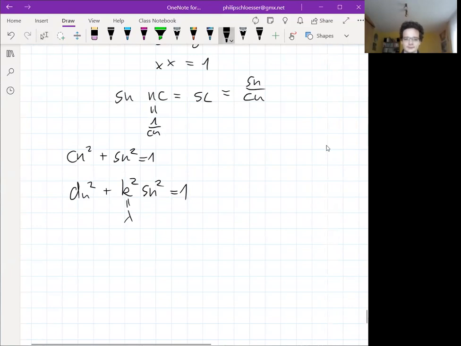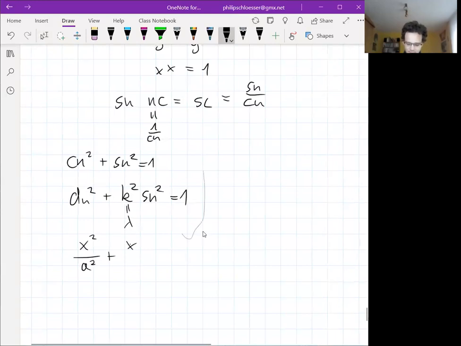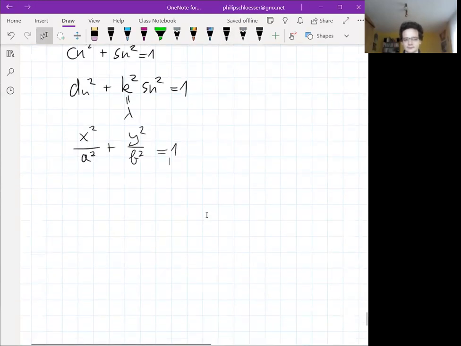And well, here we can see where the word elliptic comes from, because this is the general equation of an ellipse. We can parametrize an ellipse this way, because generally if we have an ellipse, the equation looks like this, is equal to 1, and then we can rescale, or we don't really have to rescale anything.